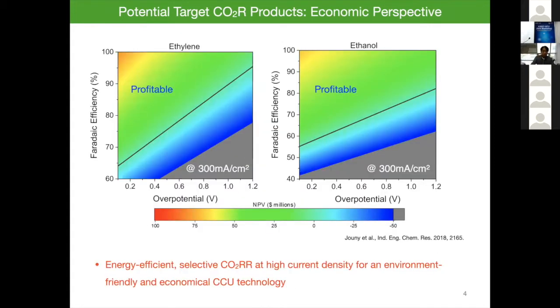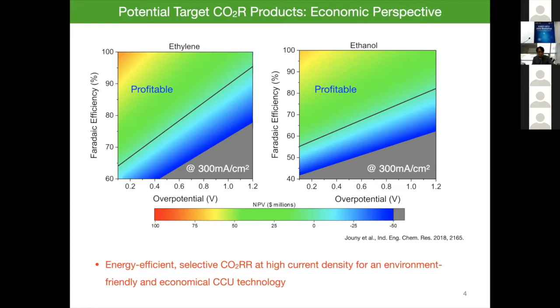And secondly, we can also calculate the economics of this process, and it turns out that if you do the sensitivity analysis again, you must have a very highly efficient system to make this process profitable.